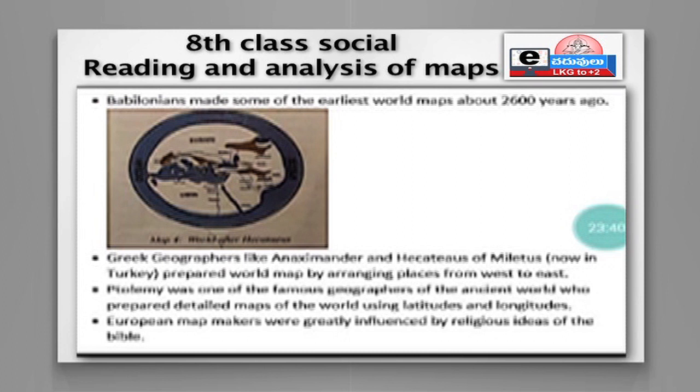The map with legends written in Arabic shows the Eurasian continent fully. It shows only the northern part of the African continent and lacks details of southern Africa and Southeast Asia. About this, we'll discuss in the next class.